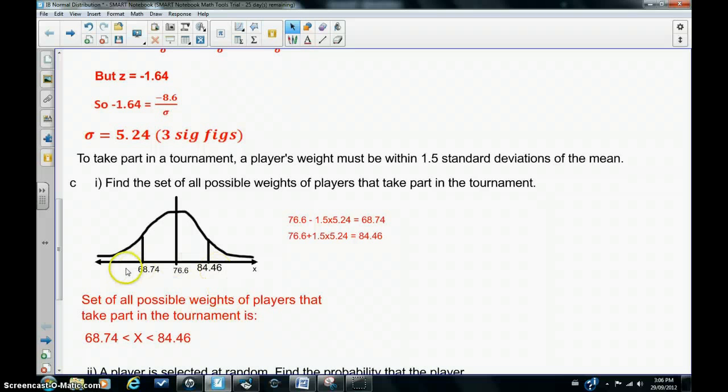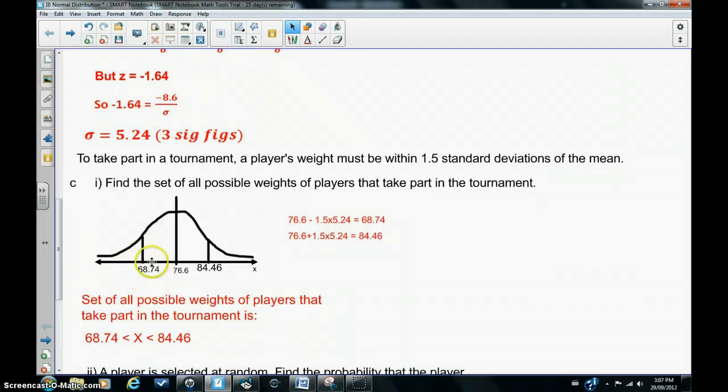Now I've actually put the answers in here, but here are the calculations. This is how I got 68.74 and 84.46. For the 68.74, I simply took the mean value and subtracted 1.5 multiplied by the standard deviation, 5.24, to get 68.74.